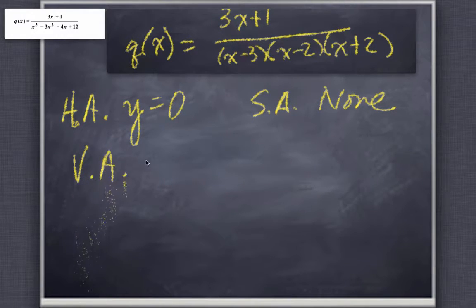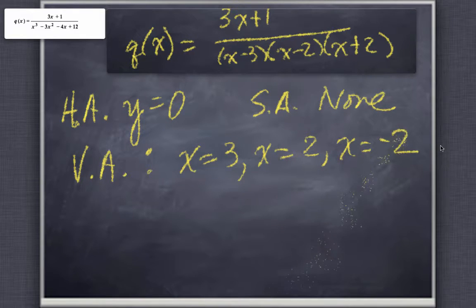Vertical asymptote, we would have everywhere that these things are 0, provided they don't cancel out. You can see we factored this and we weren't able to cancel anything out. 3x plus 1 doesn't cancel any of those. So at x equals 3, x equals 2, and x equals negative 2.